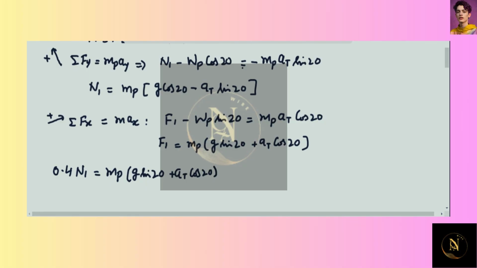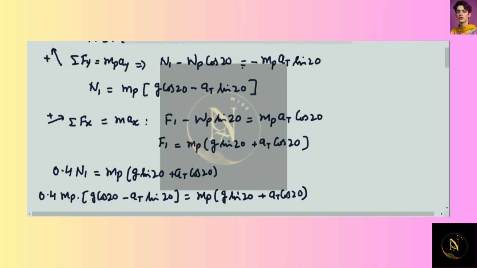Normal reaction already we have measured. So 0.4 into mass of ply into g cos 20 minus AT sine 20 equals mass of ply into g sine 20 plus AT cos 20.